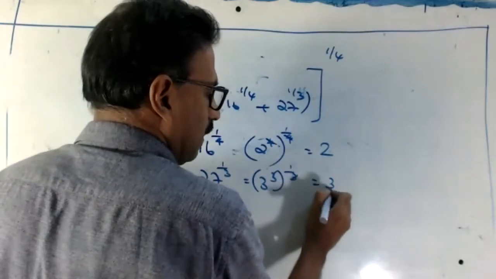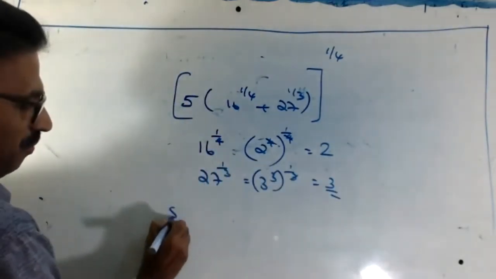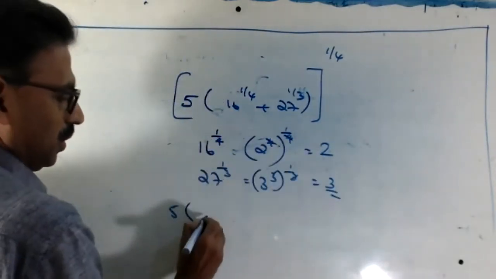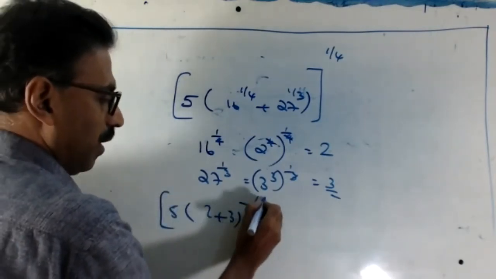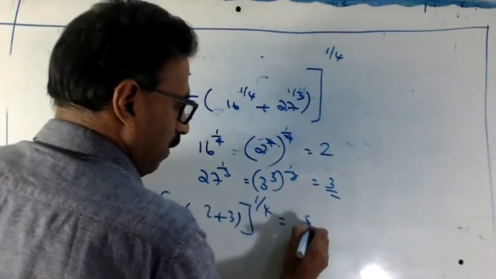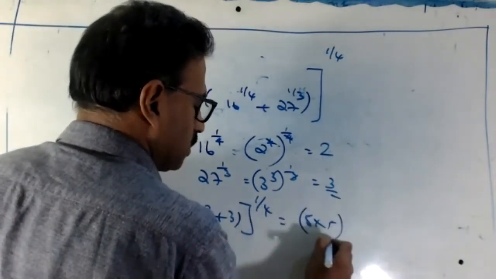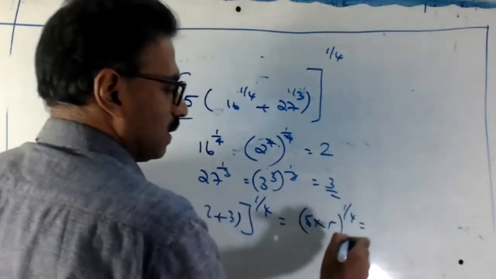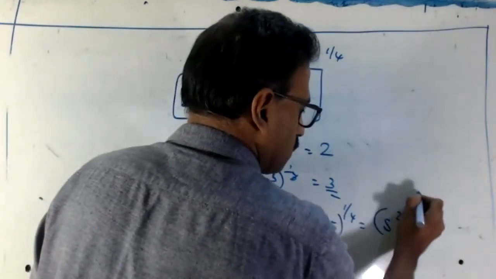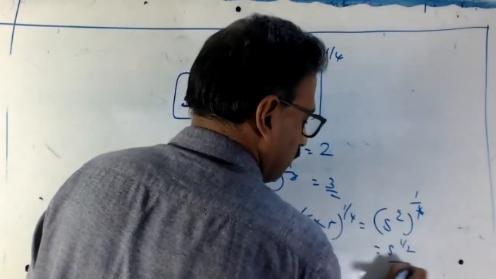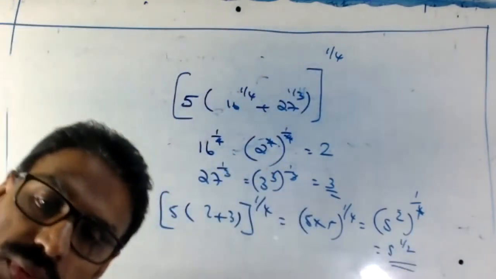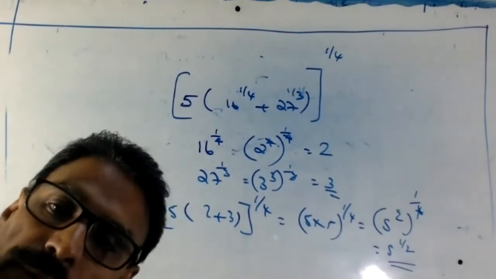Cancel, answer is 3. Back to the question: 5 into (2 plus 3) all raised to 1 by 4. That is 5 into 5 all raised to 1 by 4, that is (5 square) all raised to 1 by 4. That cancels to 5 raised to 1 by 2, or we can write root 5. That's also no problem. Okay.